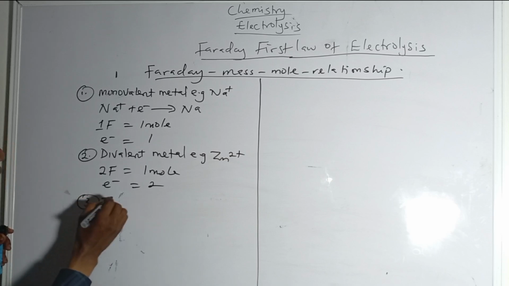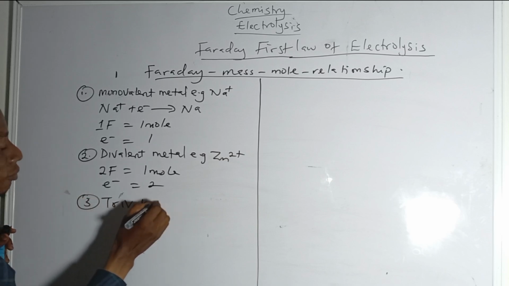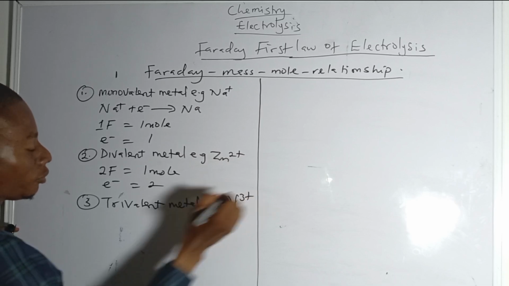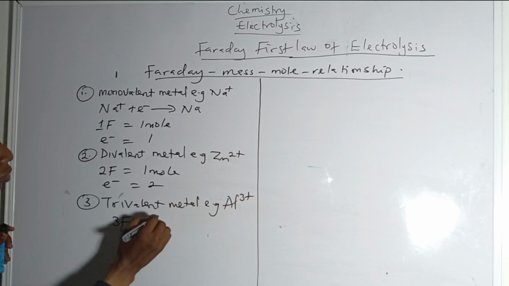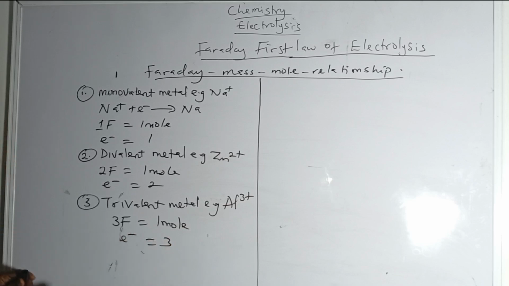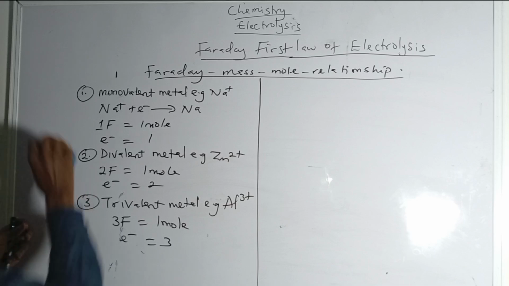Then the third one is for trivalent metal, e.g. Al3 plus. So it will be 3 farad equal to 1 mole. Then the E minus will be 3. So I hope it's clear. If you have any question, you can ask in the comment section.